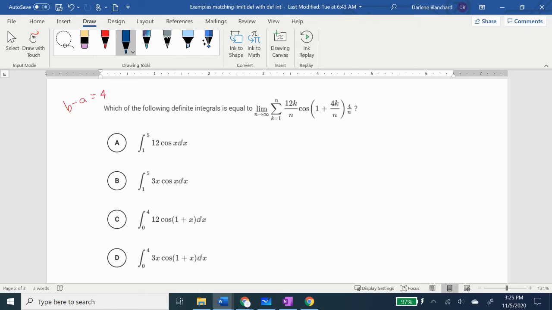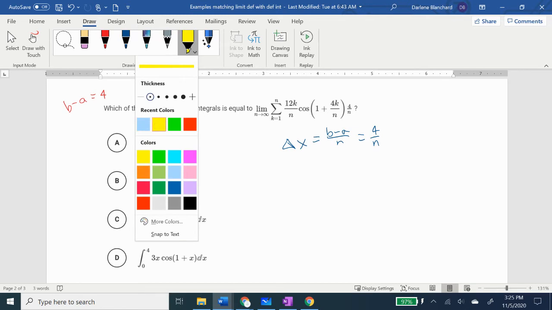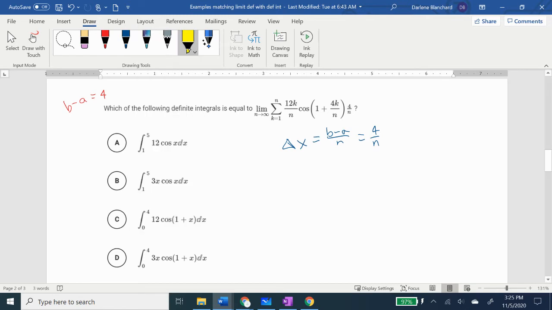So when I get started with my delta x, if it's going to fit in with any of these integrals, it has to be 4 divided by n. And when I look at my formula, besides the limit and the sigma part, 4 over n is multiplying. It's a factor, and I see a factor of 4 over n right there.